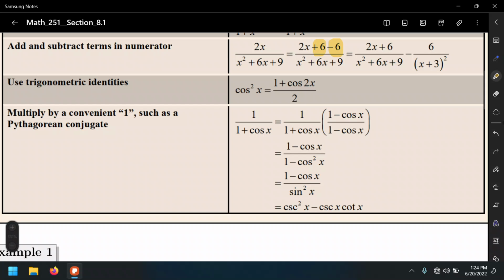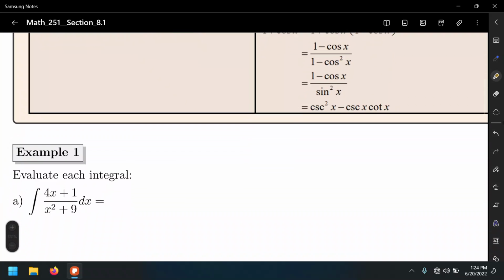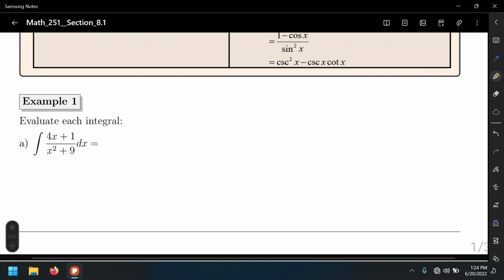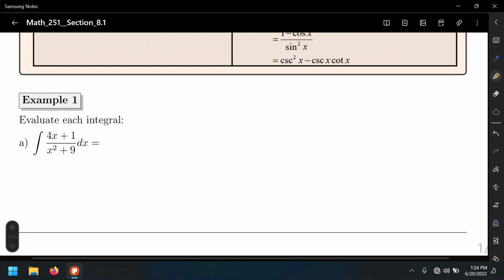All right. Okay, so let's have a look at this integral, example 1. So what do we have? The integral of x plus 1 divided by x squared plus 9. Of course, if we try a U substitution right away, u equals x squared plus 9, and du equals 2x dx.